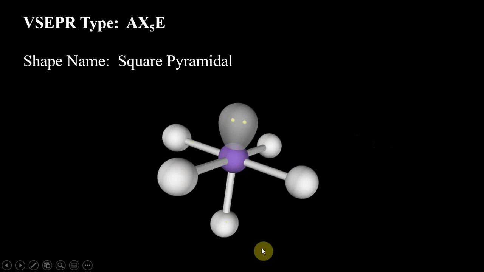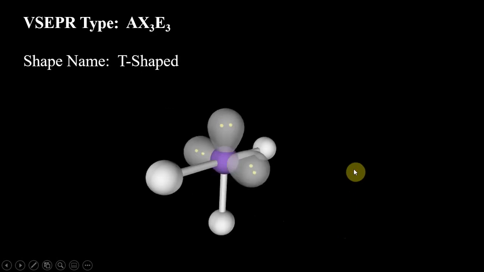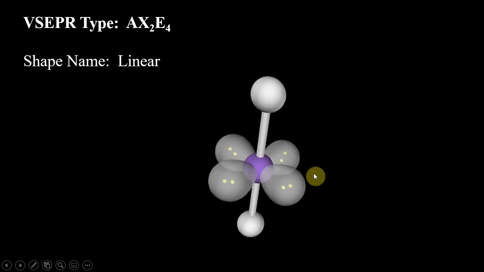Replacing the other end, we get the square planar conformation, which is AX4E2. And now we can start replacing the ones in the plane. The AX3E3 conformation is a T-shaped molecule. And then the last one, the AX2E4, is a linear shape again.